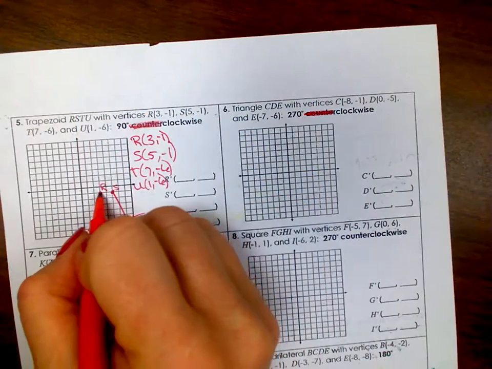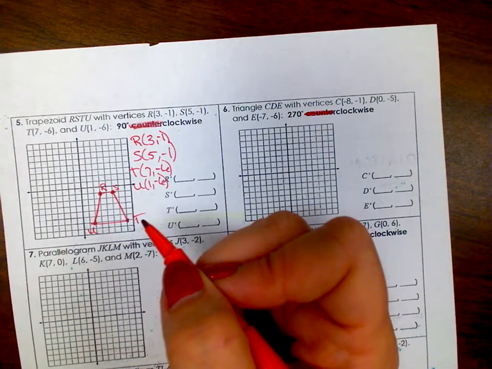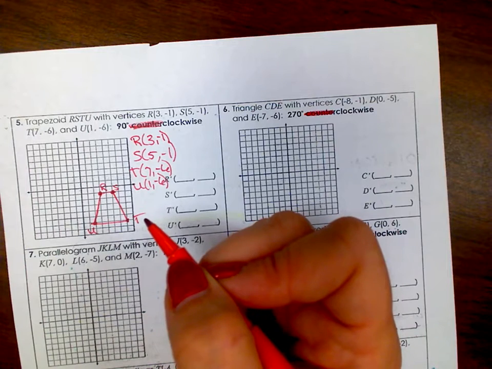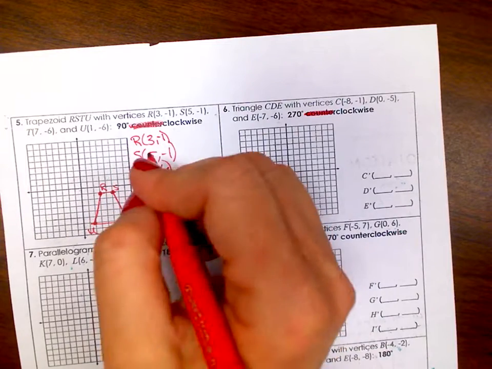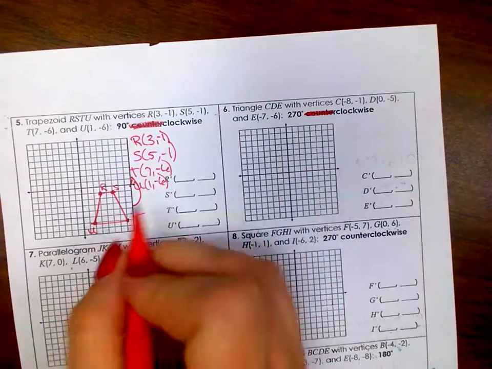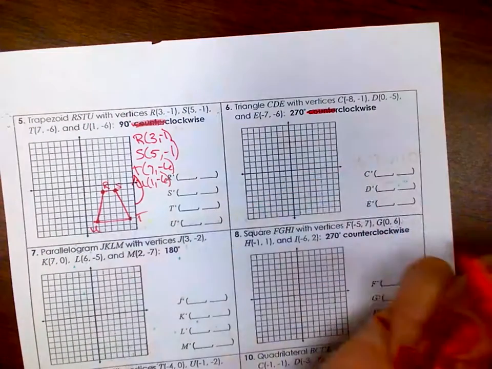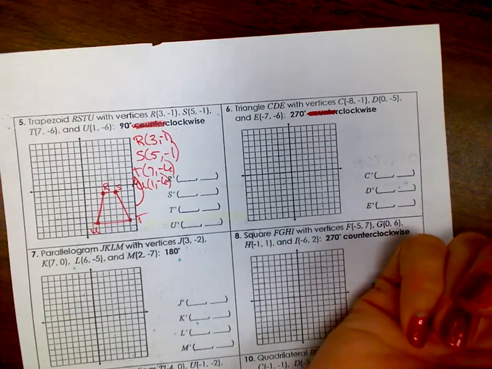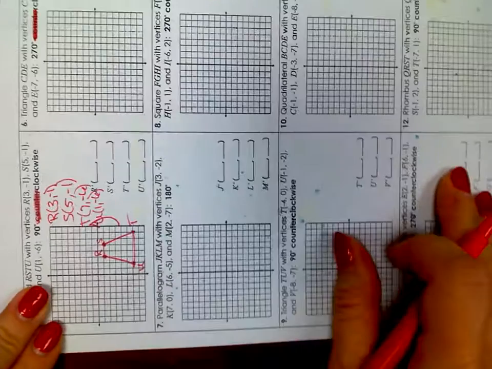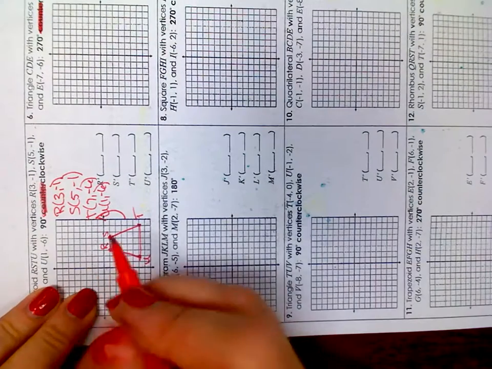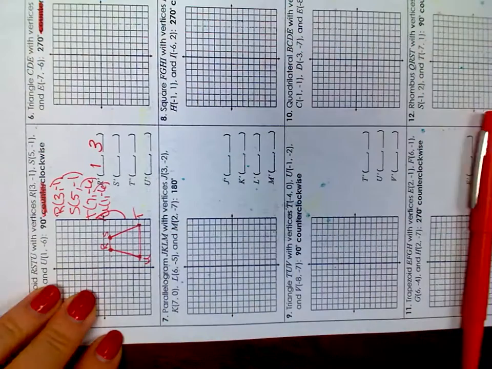So again, if I'm going to rotate this clockwise, it's going this way. Counterclockwise would have gone that way. Okay, so if I'm going to go clockwise, rotate it 90 degrees, just turn your paper. So your R prime would be 1, 3.